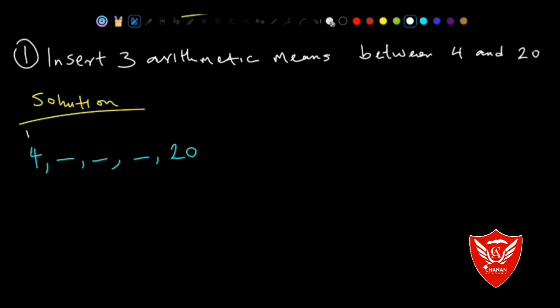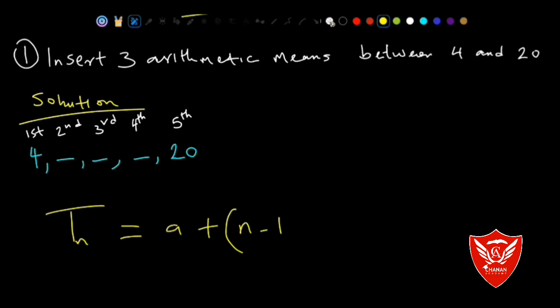We have the first term, the second term, the third term, the fourth term, and then the fifth term. For us to be able to look for the second, third, and fourth term, we need to know the common difference. And for us to find the common difference, we already know the formula, Tn equal to the first term plus n minus 1 and then the common difference.